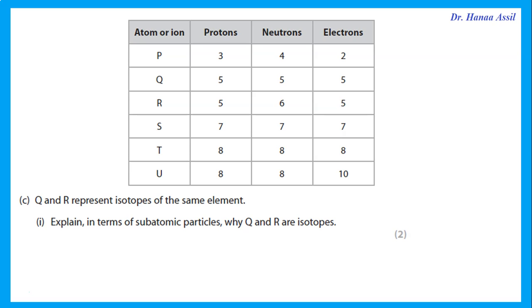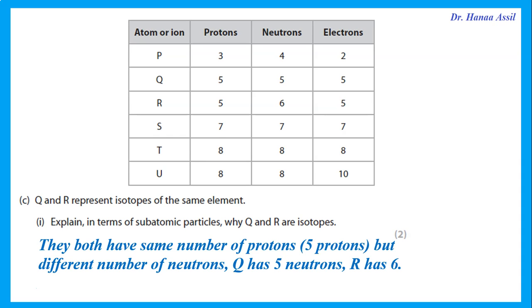Q and R represent isotopes of the same element. Explain in terms of subatomic particles why Q and R are isotopes. Now, what do we mean by isotopes? Isotopes are atoms of the same element, so they have the same number of protons but a different number of neutrons. We are required to refer to Q and R in the table.